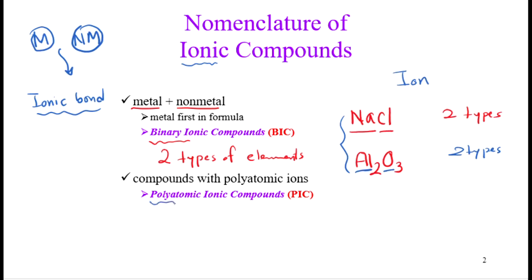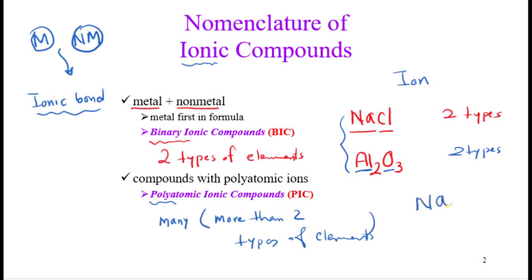When we say polyatomic ionic compounds, poly represents many, or more than two types of elements. Look at this example, NaClO4.